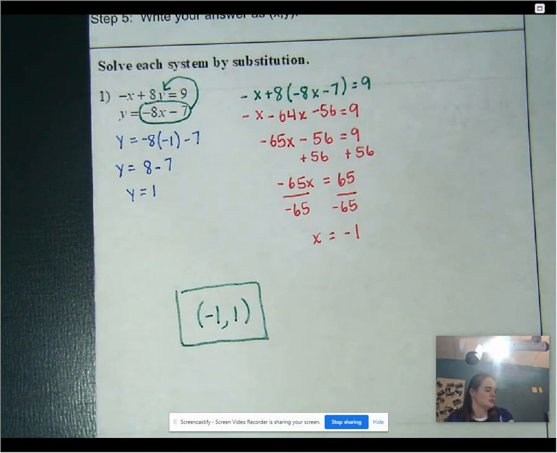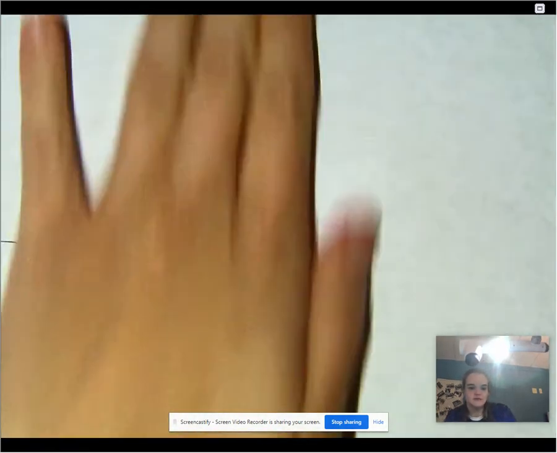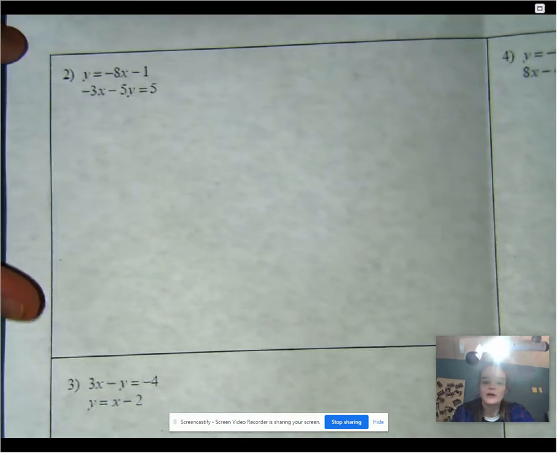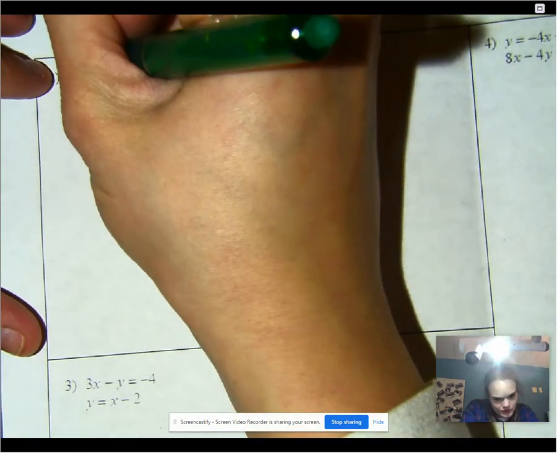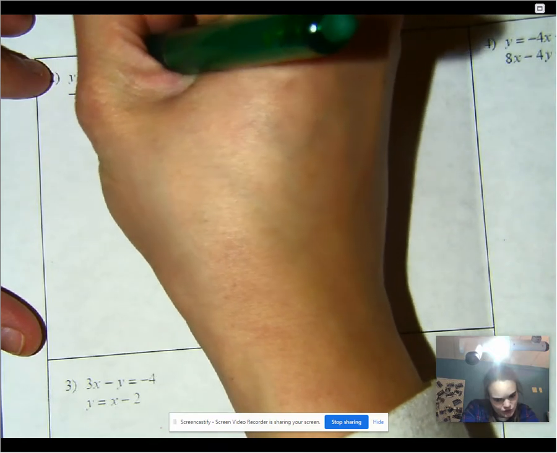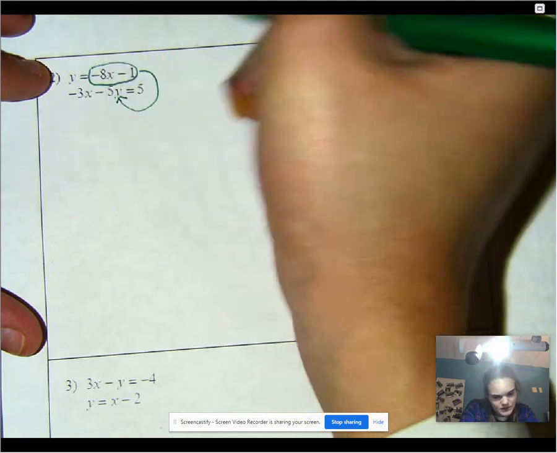Let's look at number 2. Number 2, step 1, I need to circle the part after equals. It happens to be the first one this time. I'm going to be plugging that in for y.